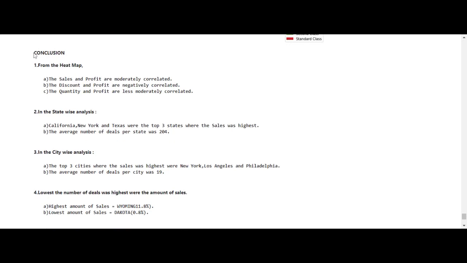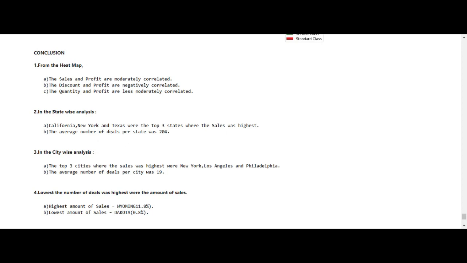To conclude this task, from the heat map, the sales and profit are moderately correlated. Discount and profit are negatively correlated. Quantity and profit are less moderately correlated. In the state-wise deal analysis, California, New York, and Texas were the top 3 states where the sales was highest.